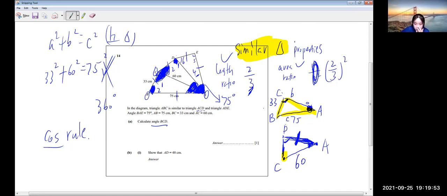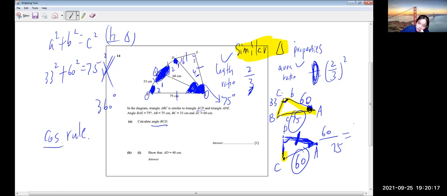And then, good. So this one matches with this. 60 matches with 75. AC is 60, which is here.